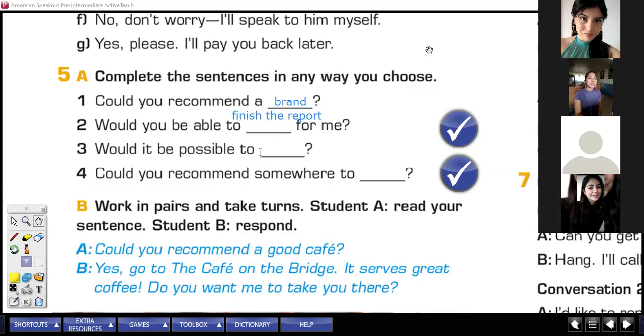Would it be possible to... Use your laptop. Tomar prestado. ¿Cómo sería tomar prestado? To borrow your laptop. Good.